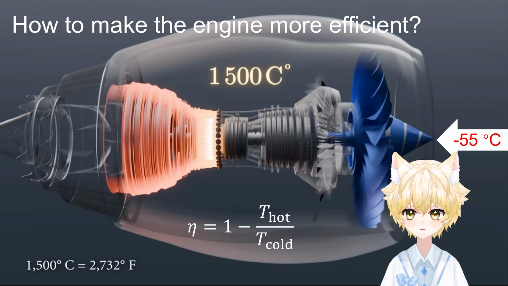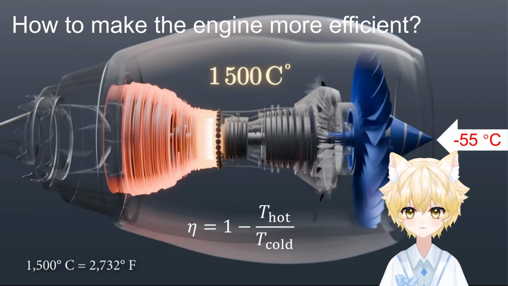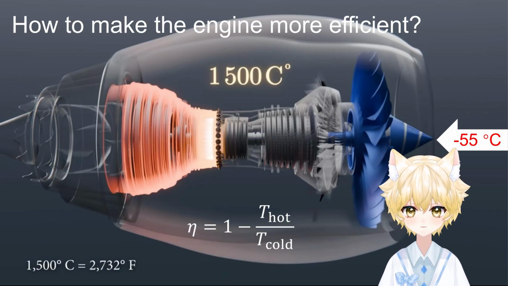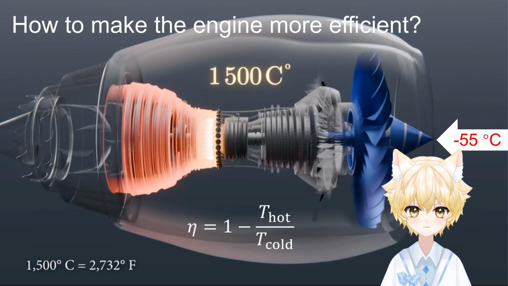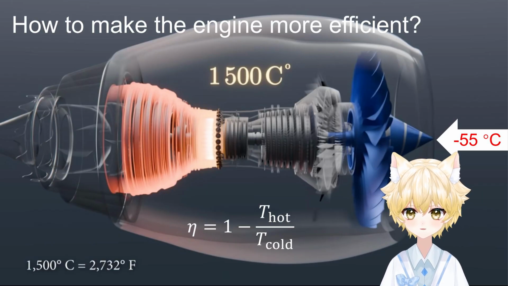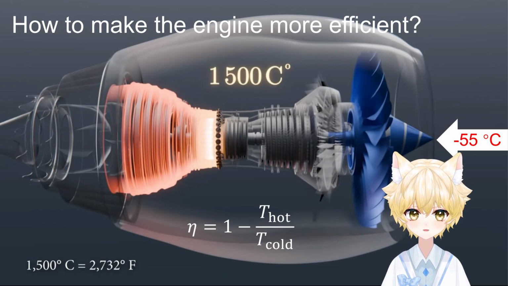But there is another major factor when it comes to engine efficiency, and that is temperature. There is a fundamental limit to how much work any heat engine can get from that. It's called the Carnot efficiency. It's equal to 1 minus the temperature of the cold outside air divided by the temperature of the hot gas inside the combustion chamber.